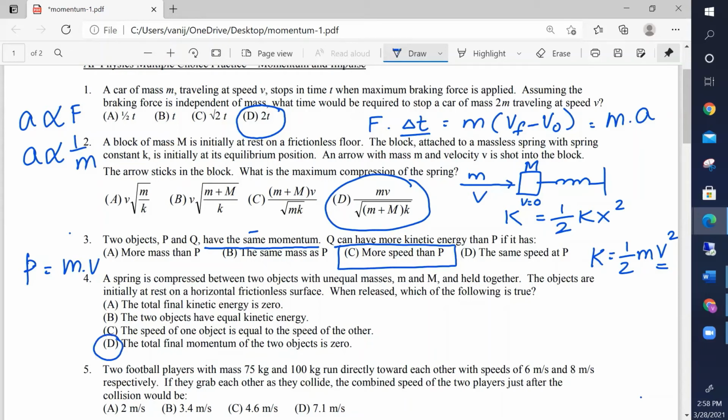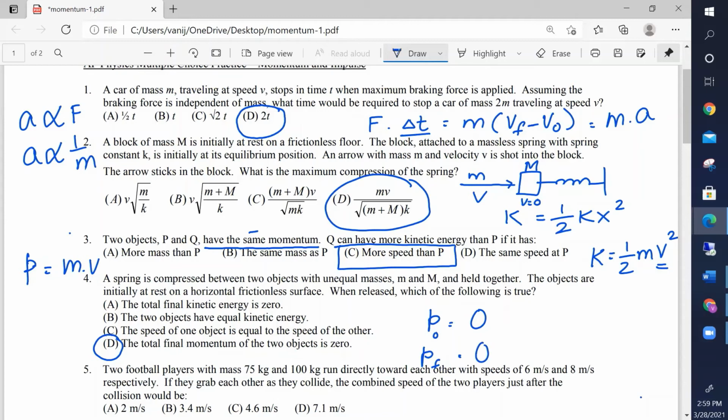The two masses are compressing a spring and are initially at rest, which means that the initial momentum is equal to 0. If the initial momentum is equal to 0, according to the law of conservation of momentum, the final momentum of the system also should be equal to 0.